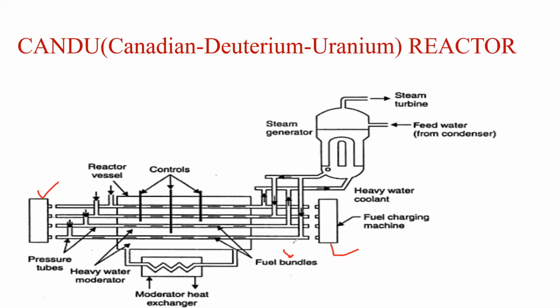With respect to shape, in pressurized water reactor we use rods. Uranium rods we use with moderator. But here we use fuel bundles. So that is the difference. Here we use uranium pellets, that is a bunch of uranium. So this is the biggest difference with respect to the shape of uranium.